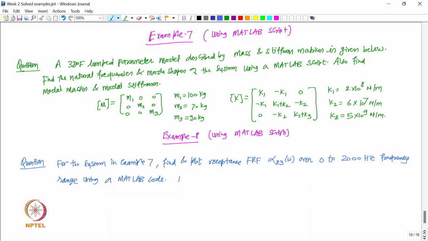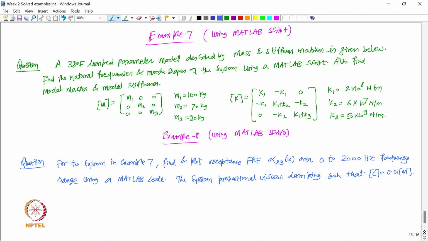The system has proportional viscous damping such that the damping matrix is equal to 0.01 times the mass matrix.